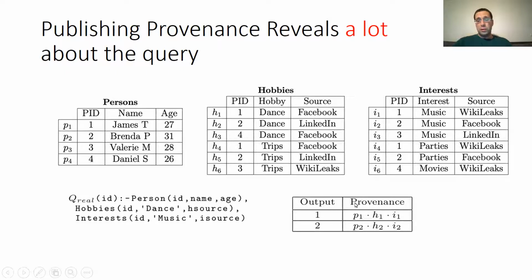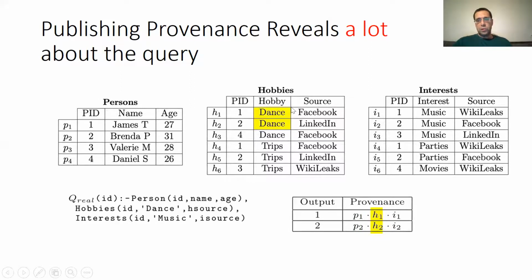So just by looking at this P1 times H1 times I1, we know that the query joined persons' hobbies and interests. And if we further look at two tuples, then we can identify commonalities in the provenance atoms that participate in the provenance of the two tuples.